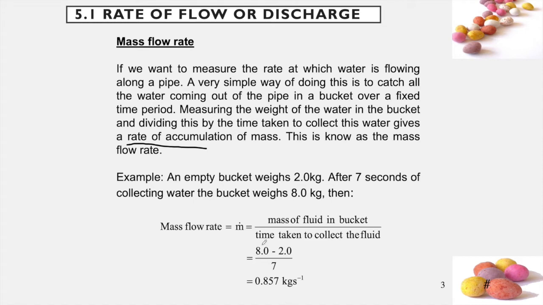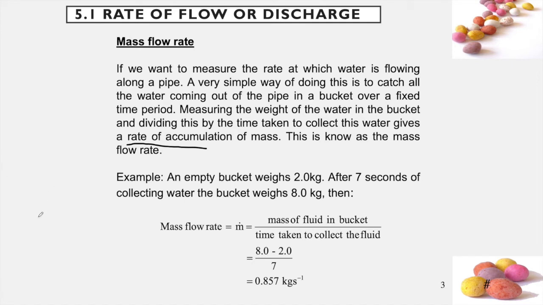So 8 minus 2 kilograms, and how long was this water collected? 7 seconds. Therefore, we divide by 7. This is a simple equation for you to determine the mass flow rate.